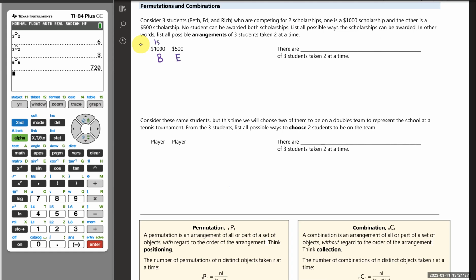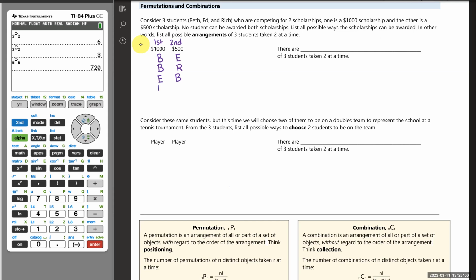So you can kind of think of this as like first place, second place scholarships. And then we could still stay with Beth getting the 1,000, and Rich could get the 500. And then let's go with Ed first. So Ed, first place, getting 1,000, and Beth getting the $500.